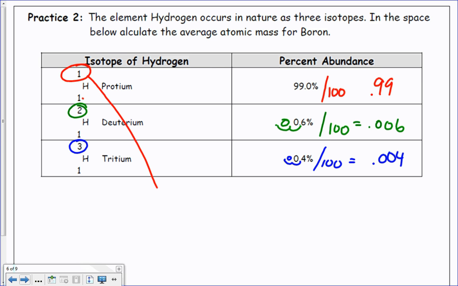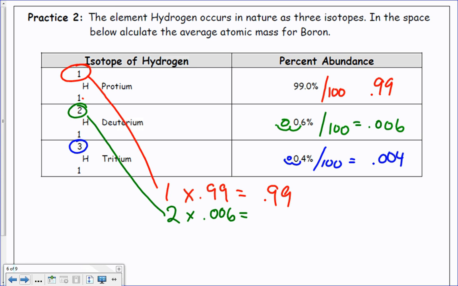I'm going to take my mass of 1 times my relative abundance, and 1 times 0.99, I don't even need a calculator for that, 0.99, okay, good. Now I'm going to bring my 2 down, my mass, multiply it by my relative abundance, 2 times 0.006, that I do need a calculator for, 0.012.